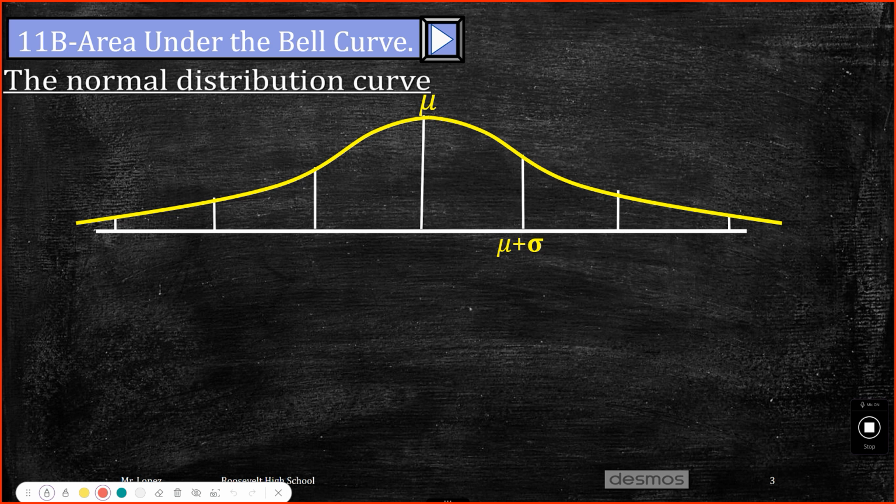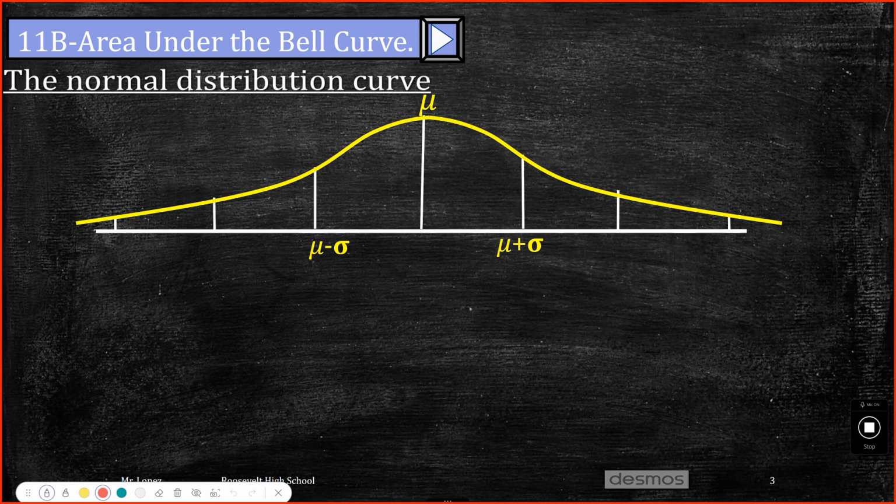So one standard deviation to the right and one standard deviation to the left, 68% of people fall within there. So out of 100 people, 68 of those people taking the SATs will fall within there.